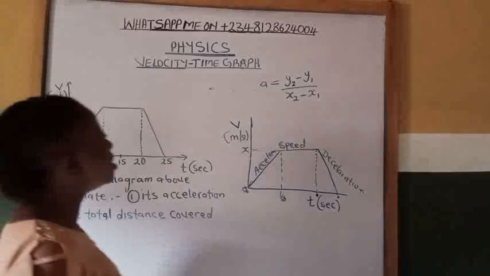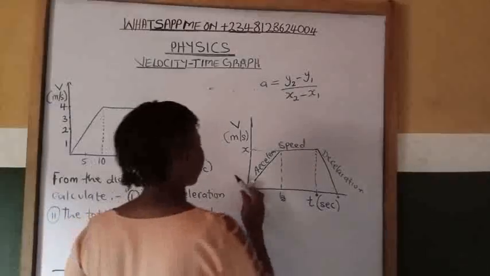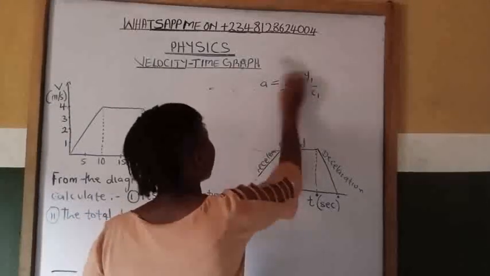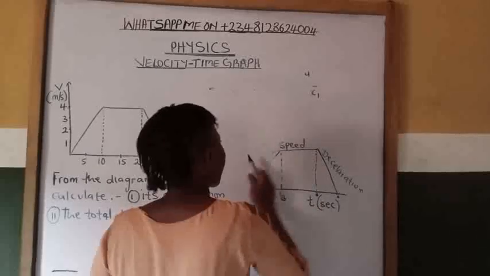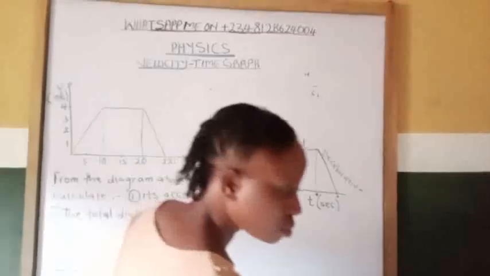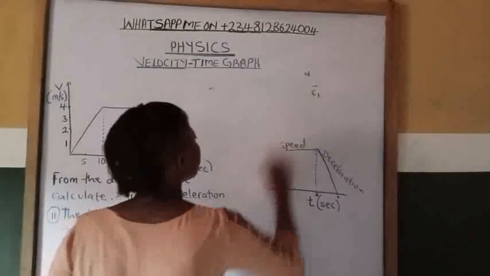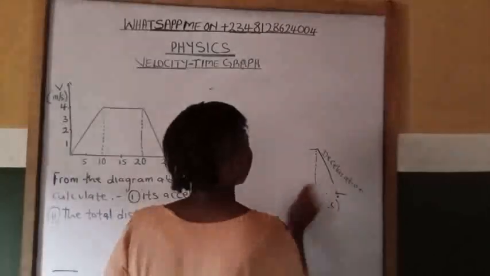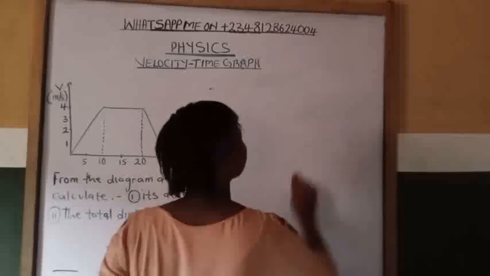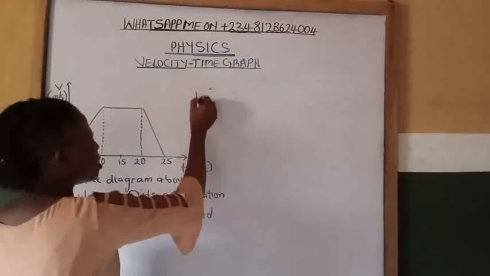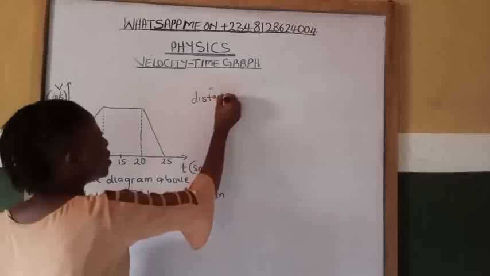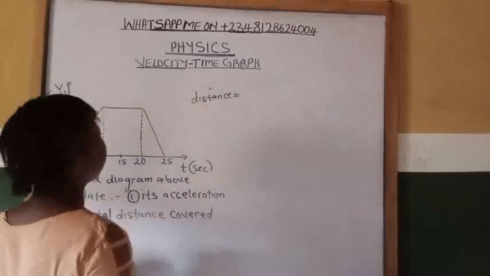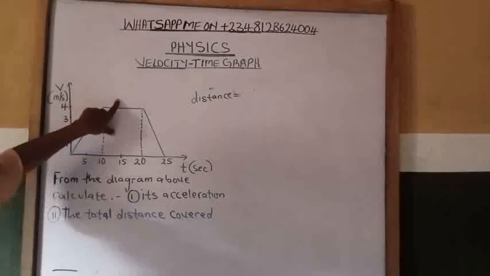Then another one is the calculation of distance. How can you calculate distance on a velocity time graph? To calculate distance on the velocity time graph, it will be equal to the shape that appears on the graph.